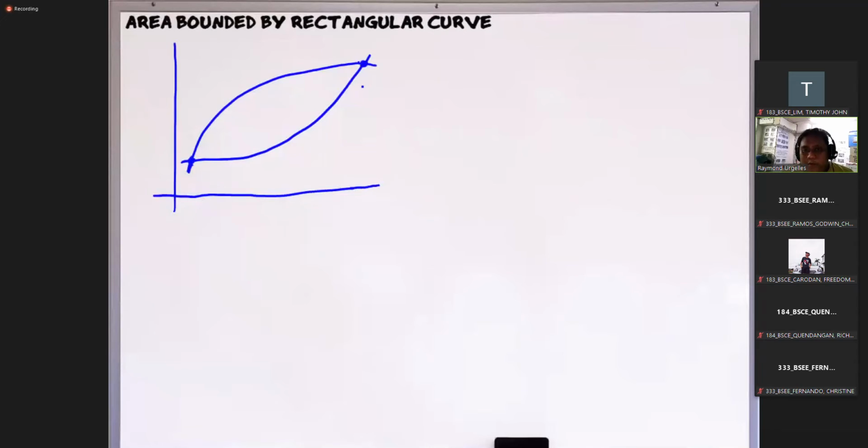So kaya dito, we have this boundary and this boundary here. Okay, so let's say this is our A, then this is B. So again, that's in the x coordinate. In terms of the y coordinate naman, we have this one and this one. So tawagin naman natin to as C and D, no? So kaya kung i-integrate natin siya in this direction, ito yung magiging limits of integration natin.